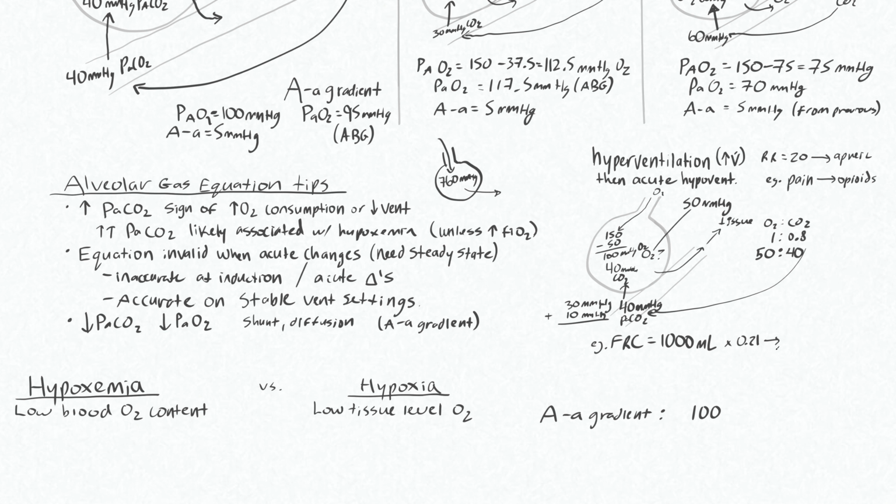So basically at the time that they went apneic, they only have 210 mils of O2 in their lungs. We've also talked about O2 consumption and said that was about 250 mils per minute. So after a minute of being apneic, we've essentially burned through 250 mils of O2. So we've actually used more oxygen than is even available in this patient's lungs.